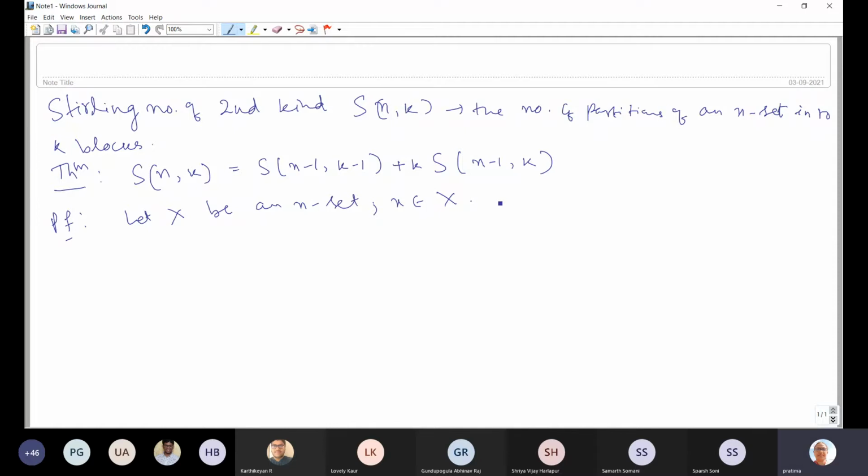So S(n, k) is the number of partitions of X into k blocks. The number of partitions of X into k blocks you can divide into two parts.